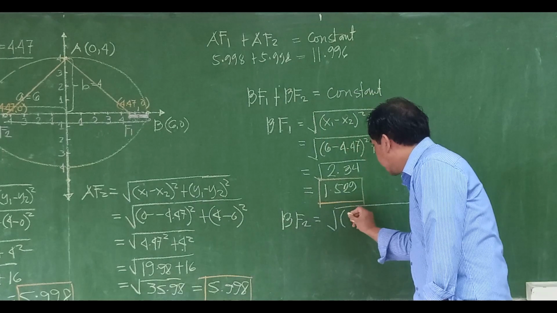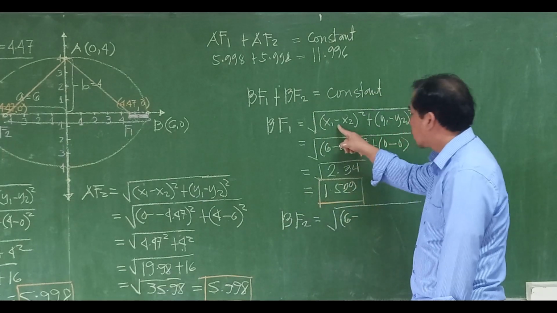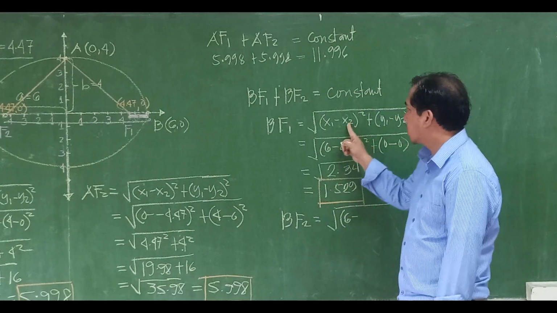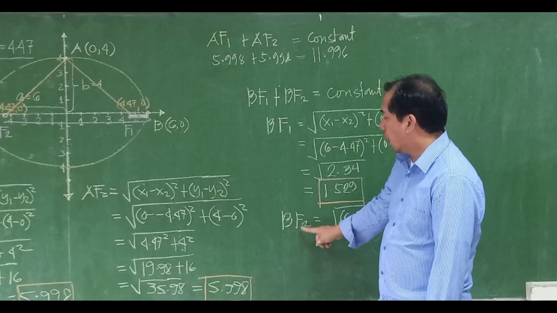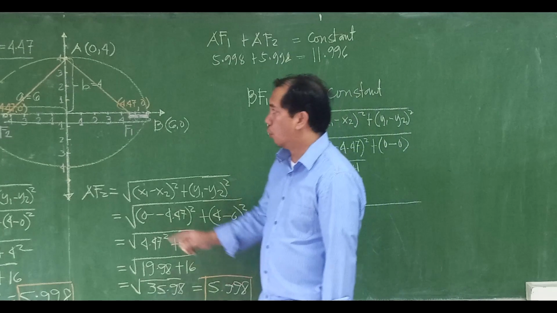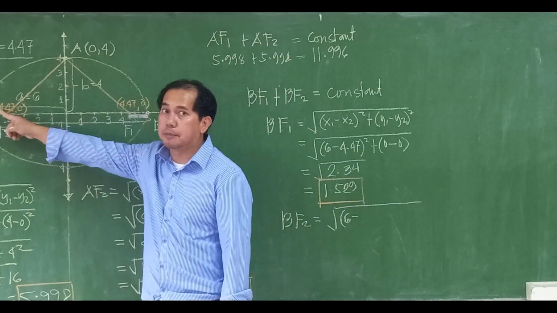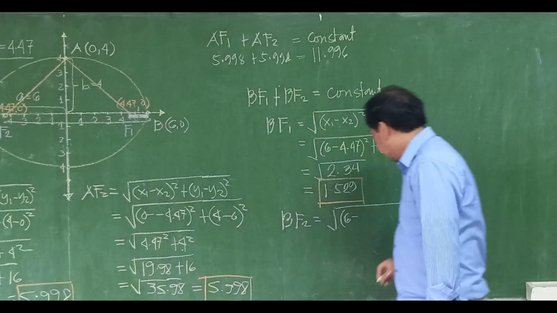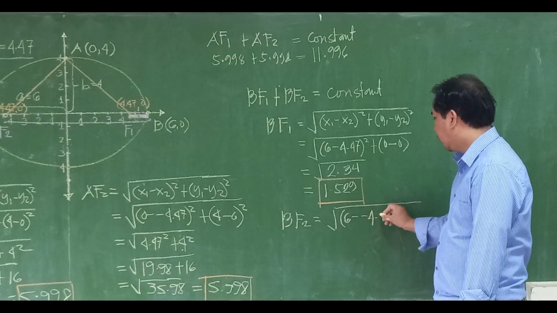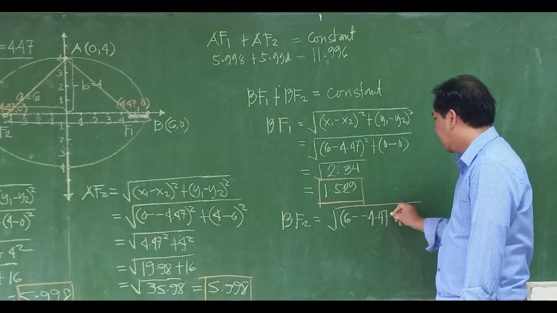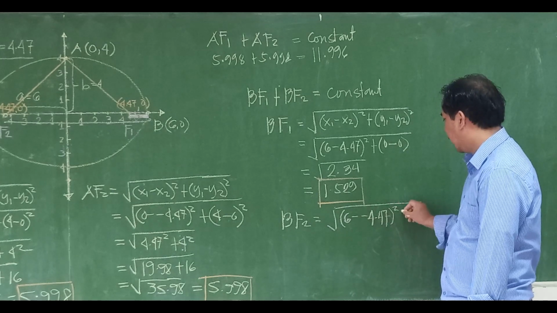That is the same as 6 minus what is the value of x in point F2 or focus 2? X negative 4.47. That is raised to the second power.